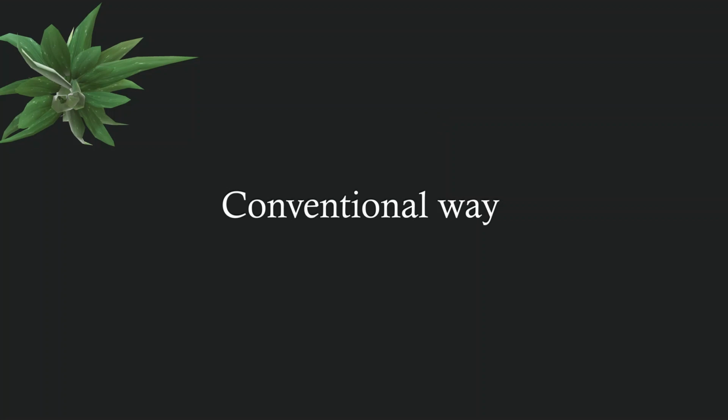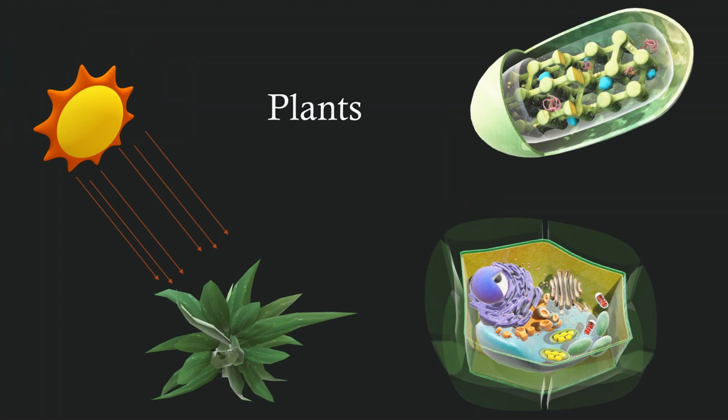Now, let us also have a look at the two main stages or reactions relating to the same. That is, the light dependent reaction, which helps in photon absorption and also the water splitting, that is, water molecules are split into oxygen, hydrogen ions, and electrons, and also helps in the production of ATP and NADPH.